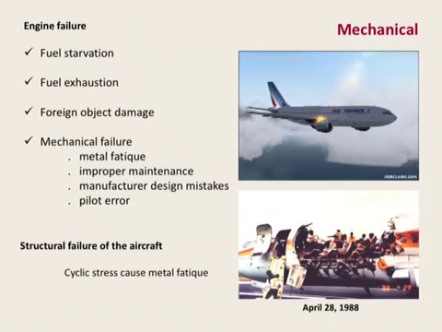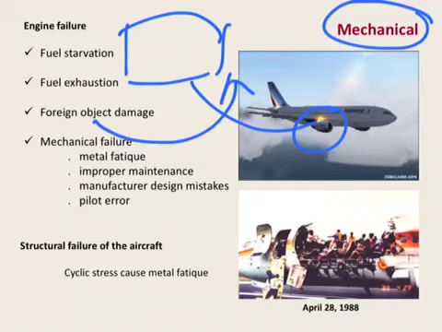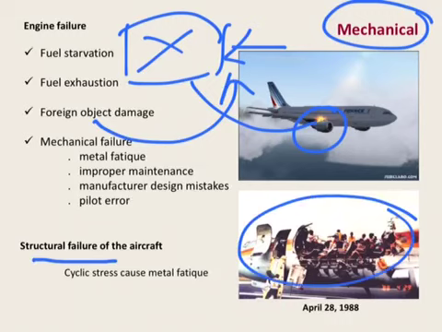Safety can be affected for mechanical reasons. One example is an engine failure, which could be due to a foreign object getting into the engine and making it stop working. It could also be a structure failure due to fatigue, for instance.